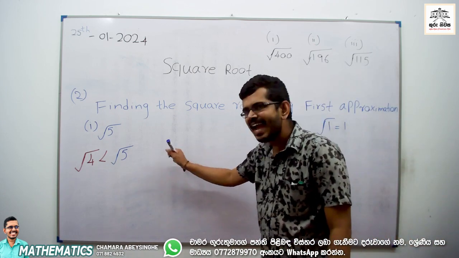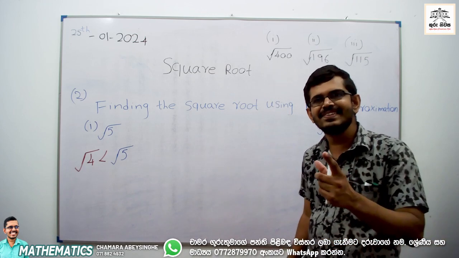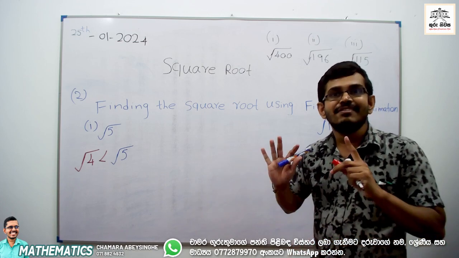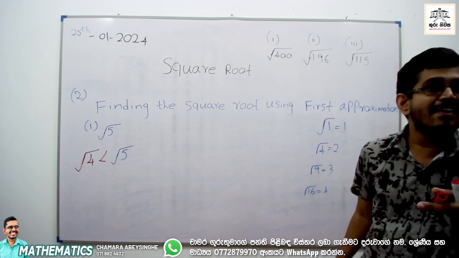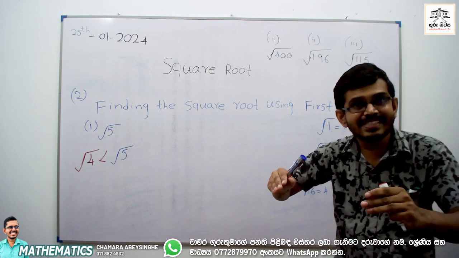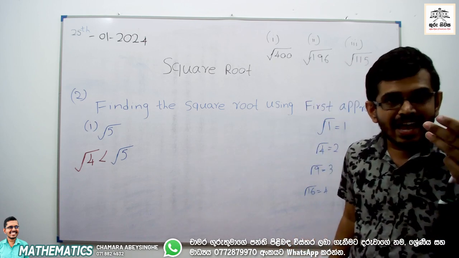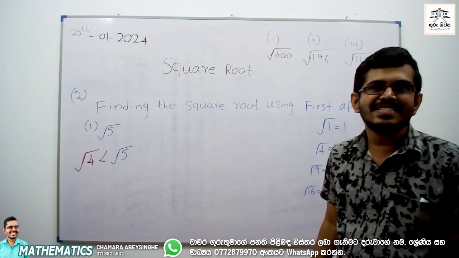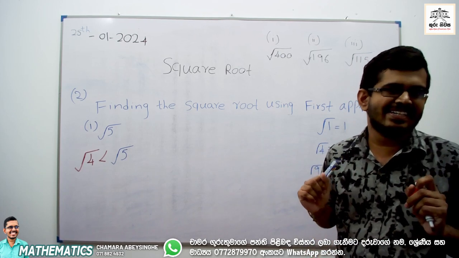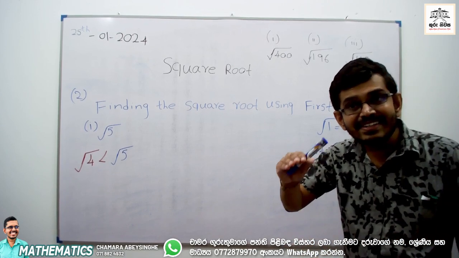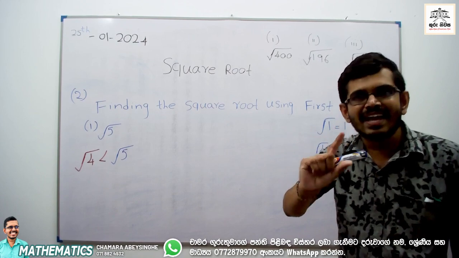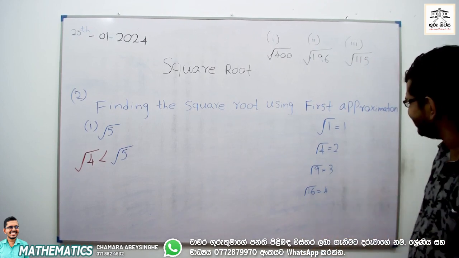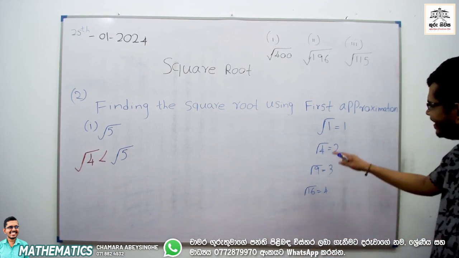Then my right hand side. Right hand side එකේ ලියන්න ඕනේ පුතාලා nearest greater than square root number which is known exactly. What is the square root number?